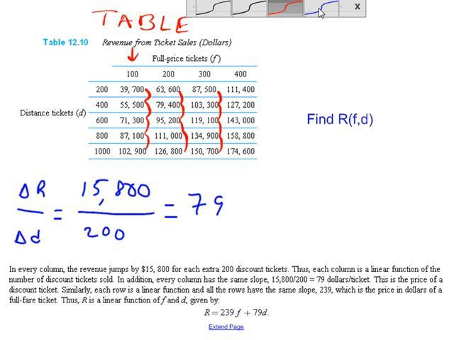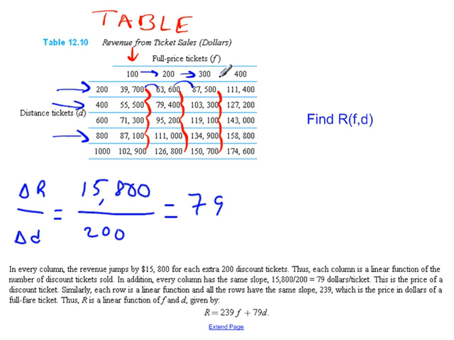Similarly, let's think about fixing the distance tickets and only looking at the rows. So as I increase my full price tickets, I should see a constant change in the revenue in those rows. And I do.